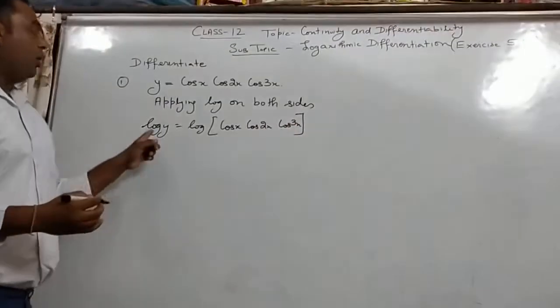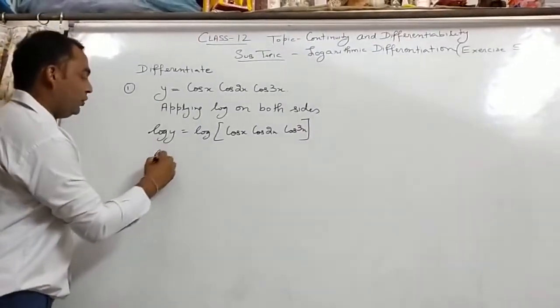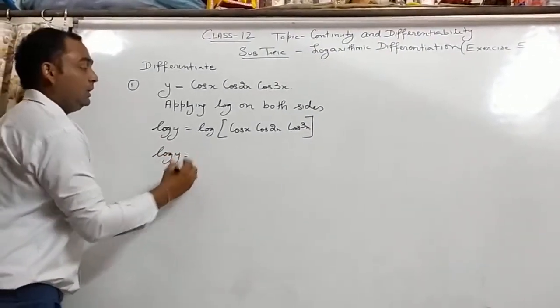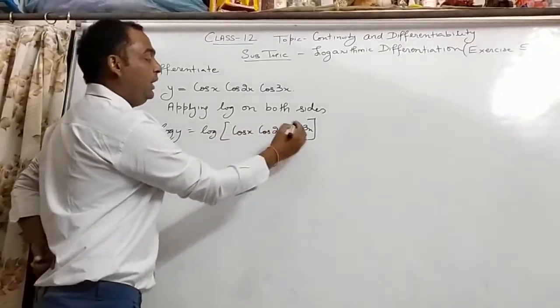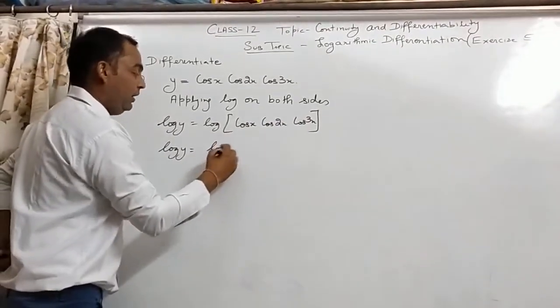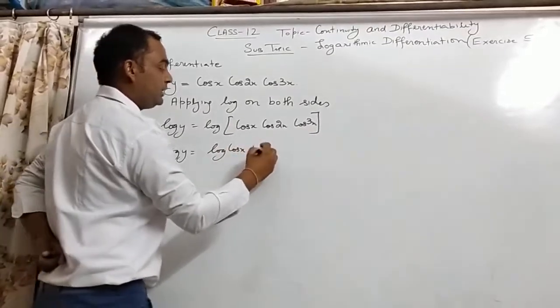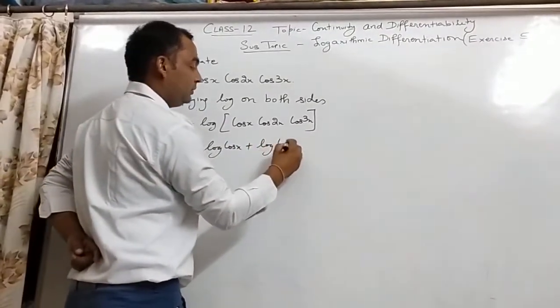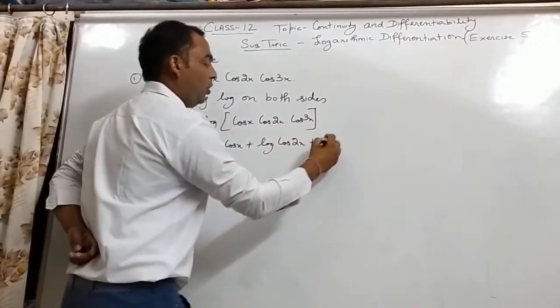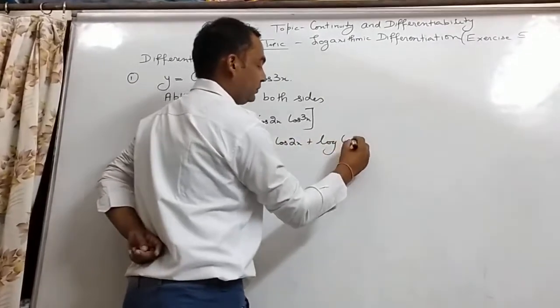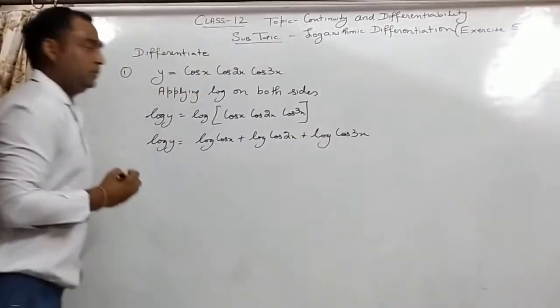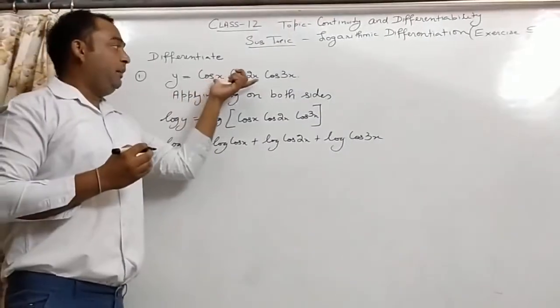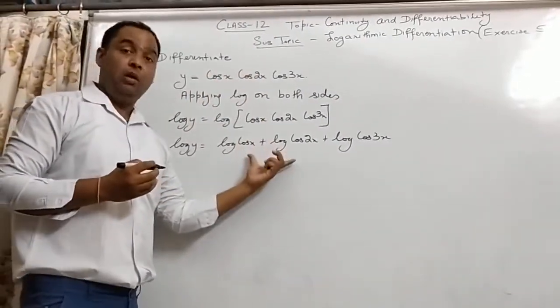We have applied log on both sides. Now as you know that log of a into b into c is equal to log of a plus log of b plus log of c. We have changed the multiplication into addition using log.